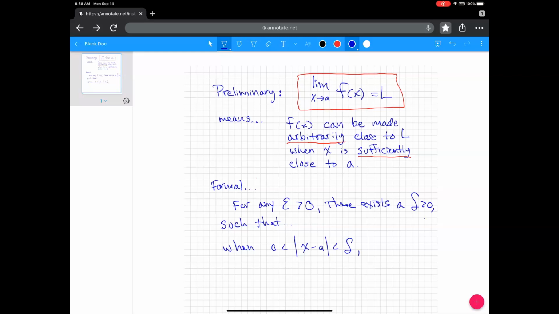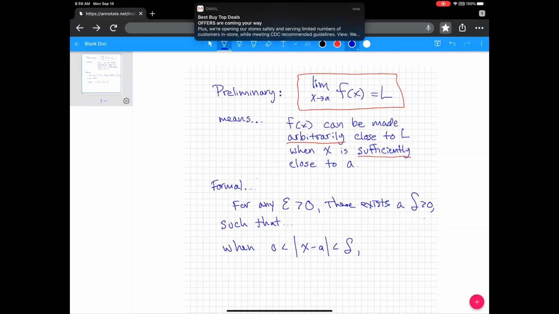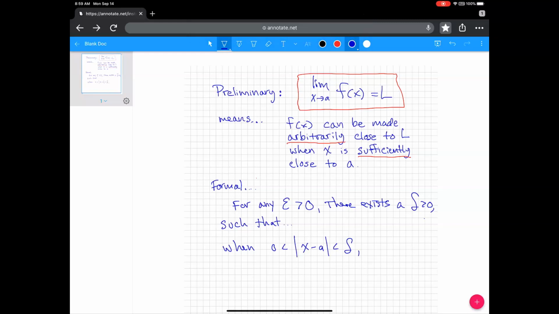So when x does get that close to a, without necessarily being a, that's why the difference is greater than 0. When x minus a has an absolute value less than that delta value, then that forces f of x to be close to L, and the way we write that is that then that means that the absolute value of f of x minus L is less than epsilon. That's it.